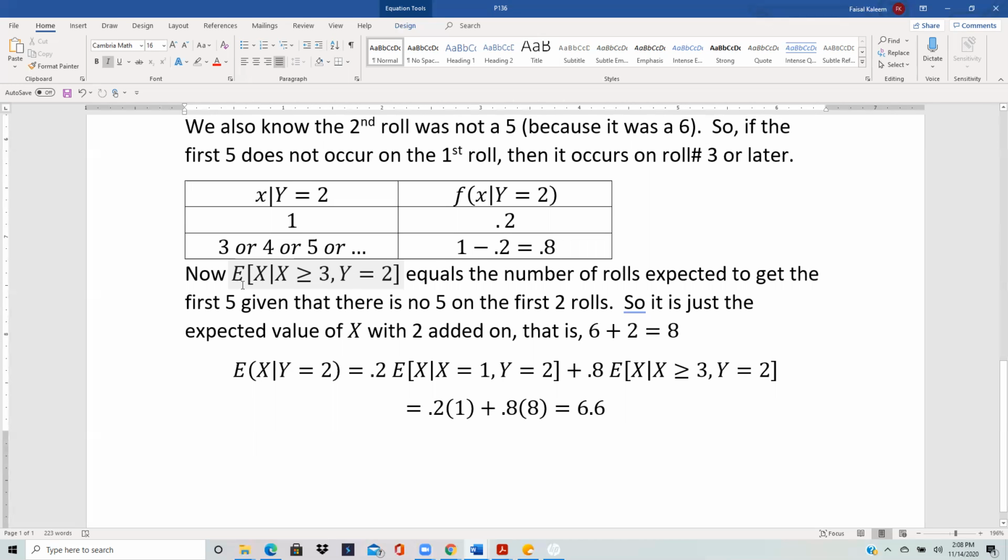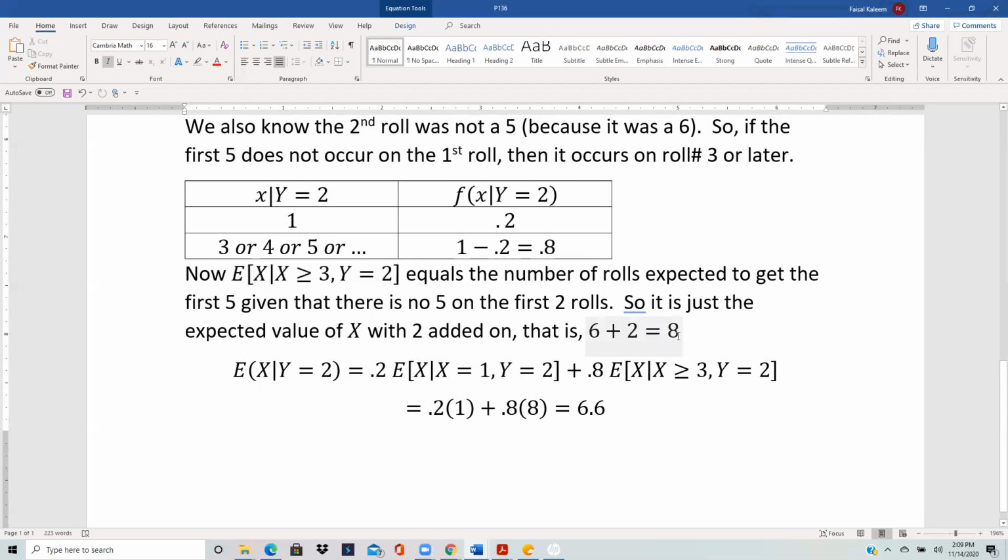And now, since we already are missing the first two rolls, if you want to look at it from the beginning, then two more rolls will be added. So there's no five in the first two rolls. So the number of rolls you expect to get the first five, given that you're already gone past two rolls, will be the normal expected value, which is six, and then you add on the two rolls.